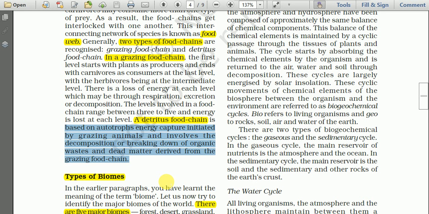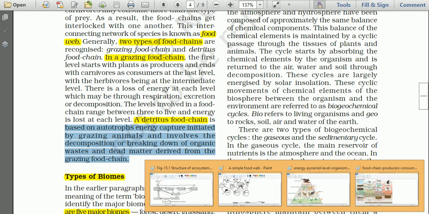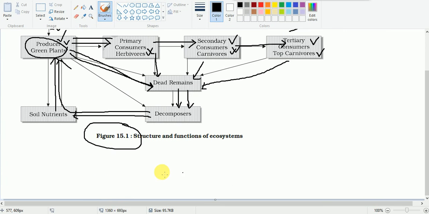Actually, in case of this detritus food chain, the food chain begins with dead organic matter. Say for example here, just let me type here.